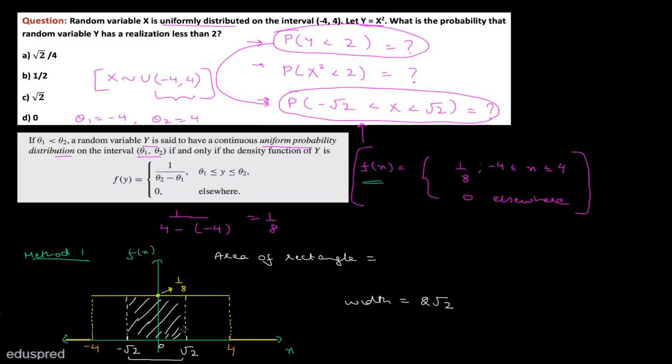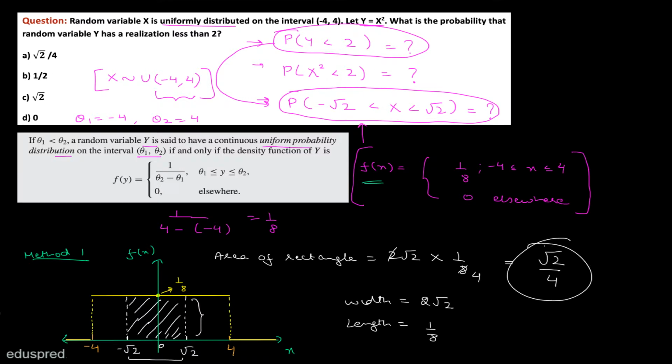And the length of this rectangle is this height that we have over here, which is 1 by 8. So the area of the rectangle is 2√2 multiplied by 1 by 8, and over here I can write 4. So this is equal to √2 divided by 4, and that's your final answer. If you take a look at the options, this is part number A. So part number A is your right answer.